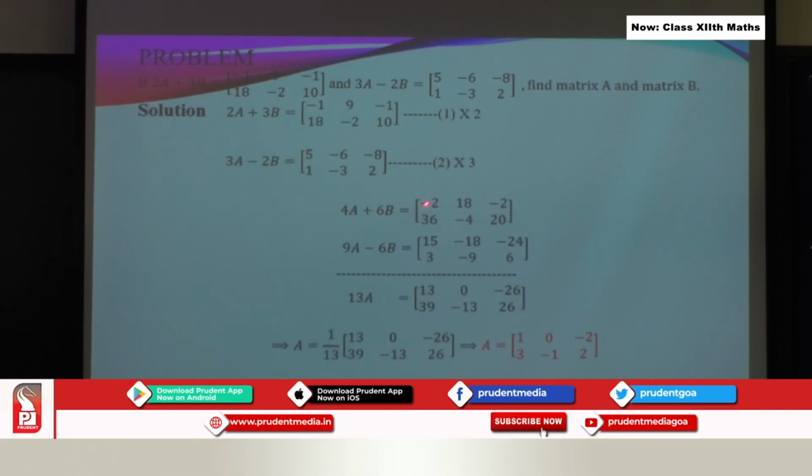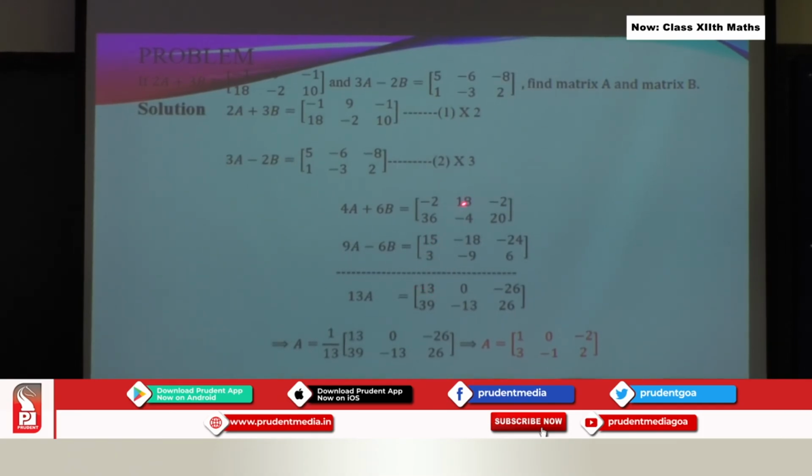Minus 2 plus 15, I am getting 13. 18 plus minus 18, I am getting 0. Minus 2 plus minus 24, I am getting minus 26. Like that, similar way I will get these entries, and I am getting here 13A equal to this matrix.